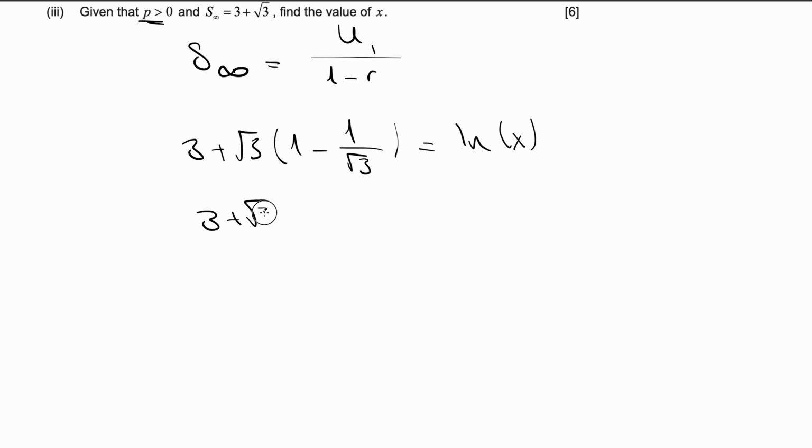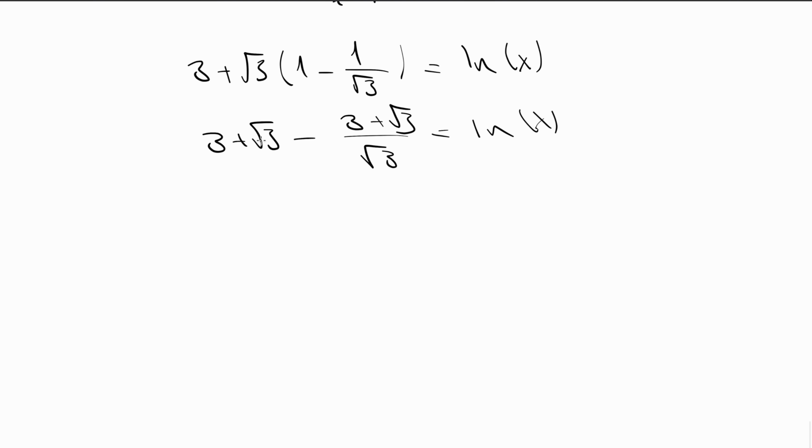So 3 plus radical 3 minus (3 plus radical 3) over radical 3 equal to ln of x. So you can take common denominator here as well. So 3 radical 3 plus 3 minus 3 plus radical 3 over radical 3, right?